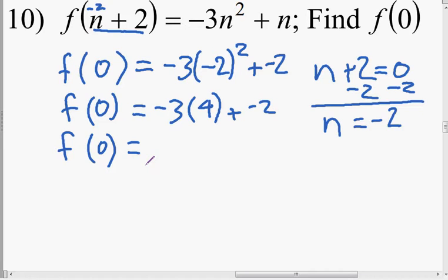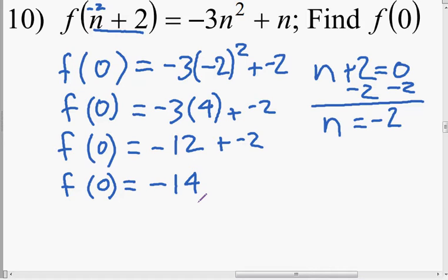Negative 3 times positive 4 is 12, but a negative times a positive is a negative. Plus negative 2. That's the same as saying minus 2. You can think about it either way you like. Either way, negative 12 minus 2. I'm 2 below negative 12, which is negative 14.